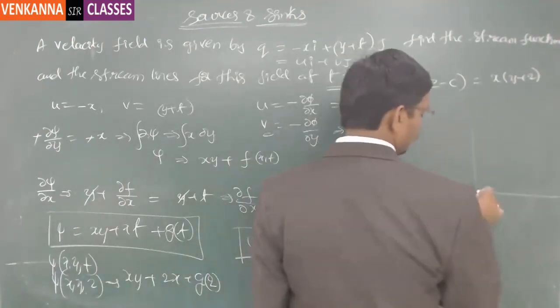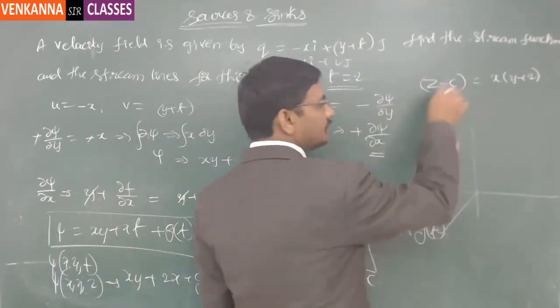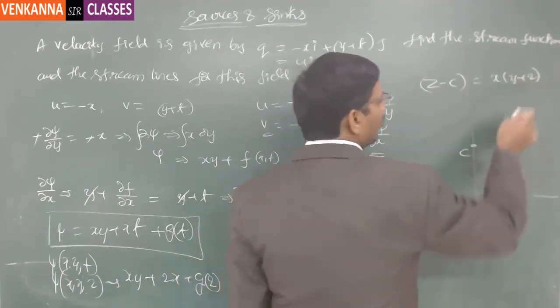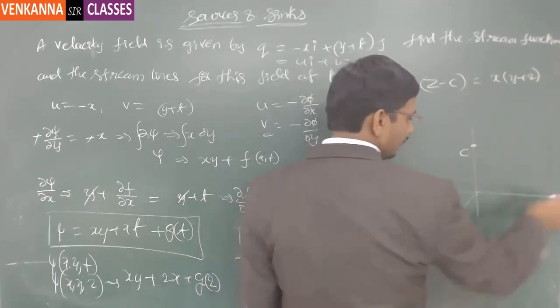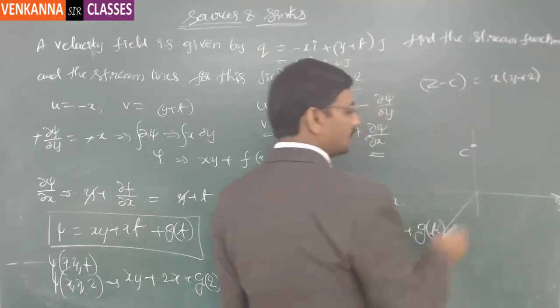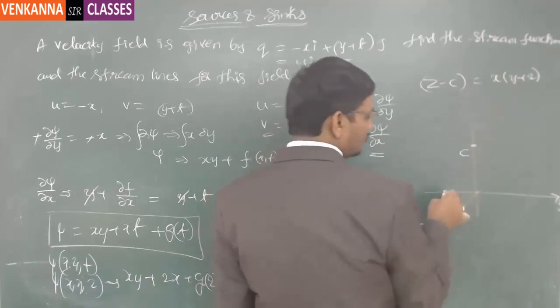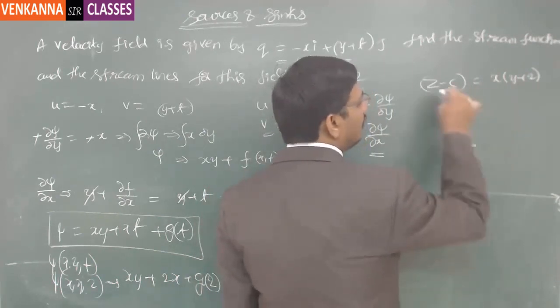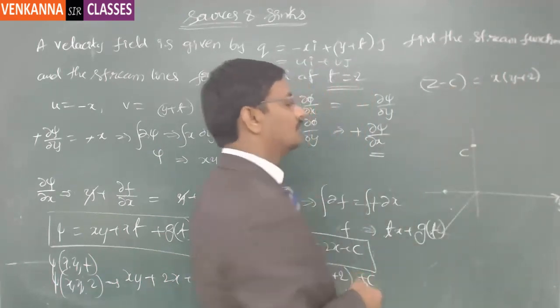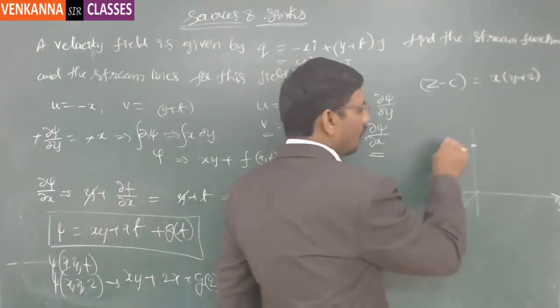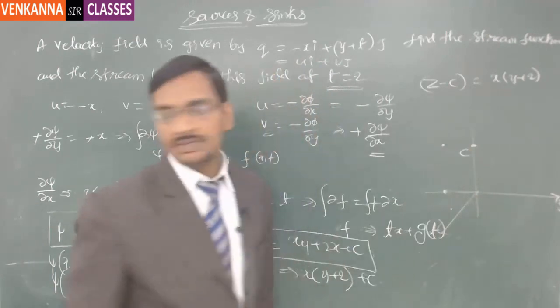If you take this xy coordinate system, the origin is shifted to z equal to c, and y equal to minus 2. Let us say this is the y-axis. Then on the minus 2 part, y is equal to minus 2 and x is equal to 0 and z is equal to plus c. So this is the place of origin. Somewhere here on the x-axis, it is exactly at 0.